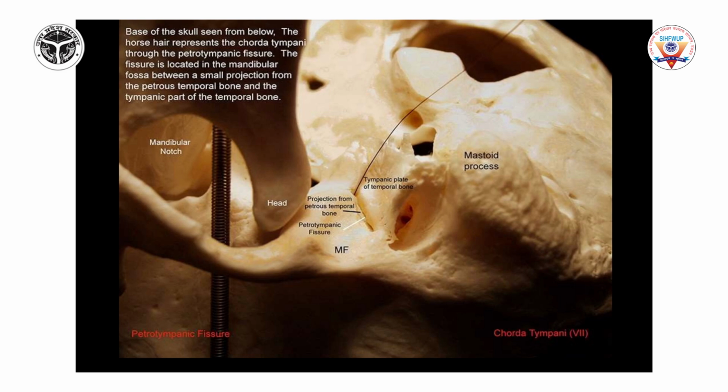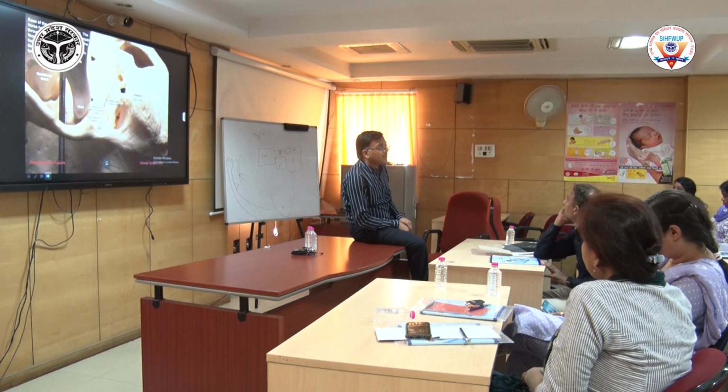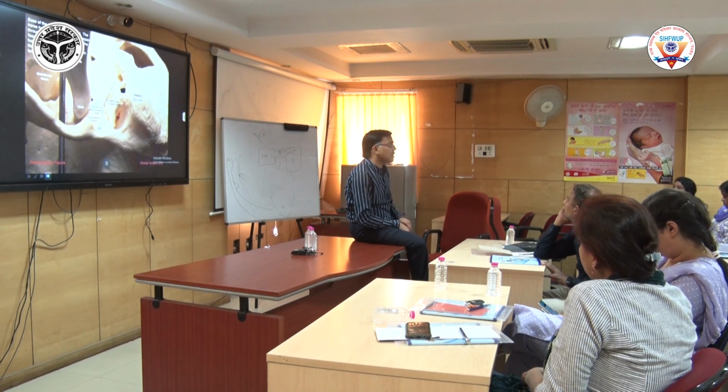So basically there are several ways to reach the infratemporal fossa. One is the anterior approach, another is the lateral approach. Okay, the lateral approach was given by Fisch, type A, type B, type C. Type A is when the tumor is very limited, up to the petrous apex.